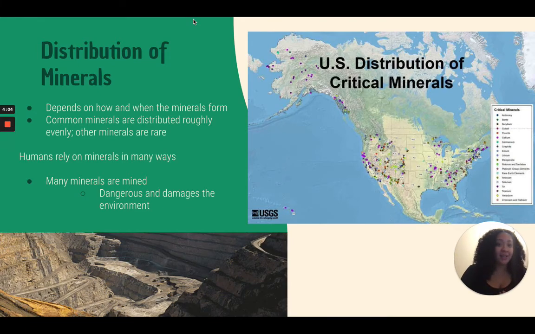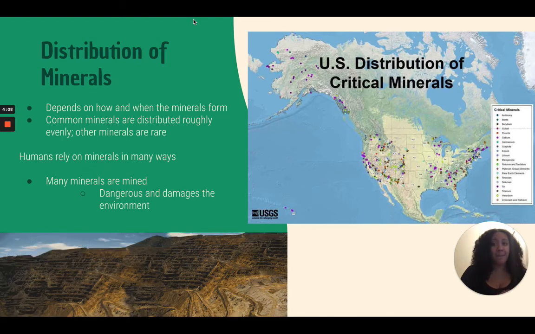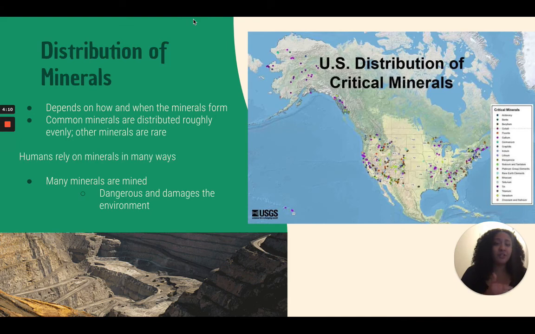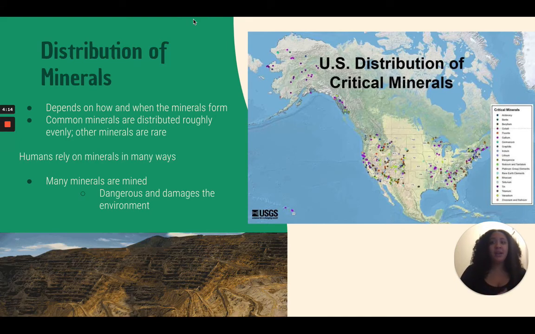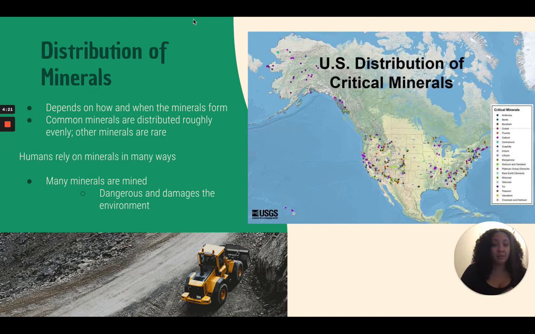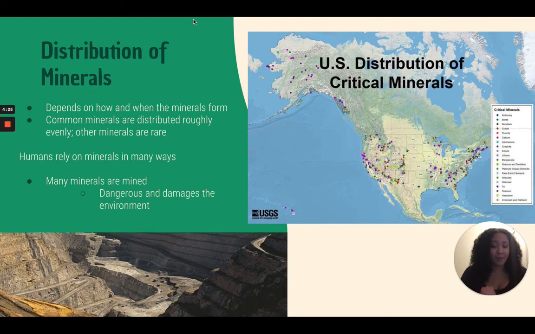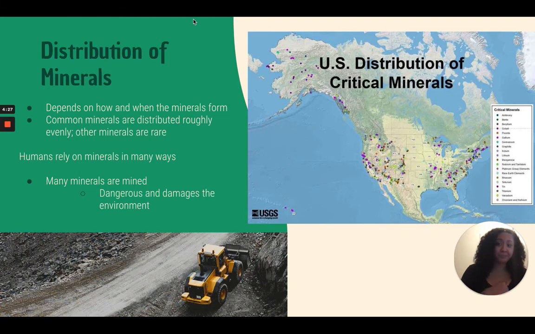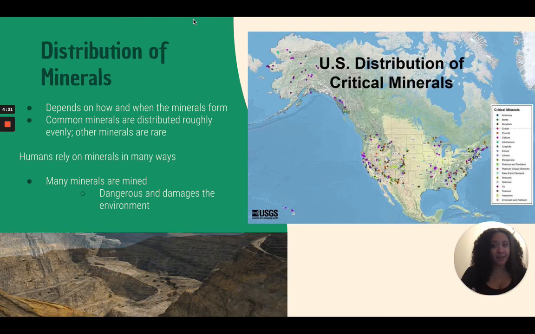But things like calcium and fluorite are common and distributed roughly evenly. Again, that depends on how or when the minerals form. So if we're talking about minerals that formed from lava and magma, we're not going to see that over here, right? We would see that where volcanoes are.